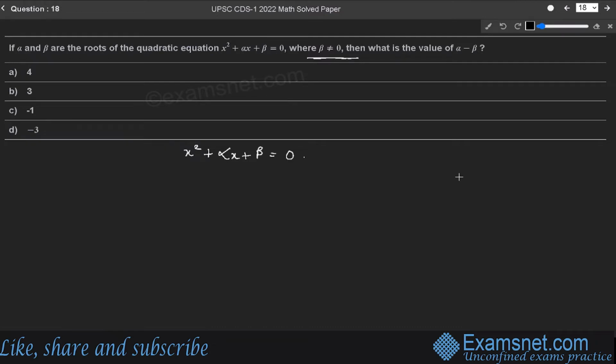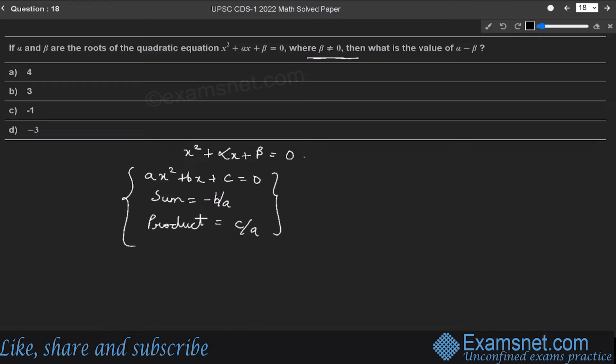Now we know the concept. Equation is in the form ax square plus bx plus c is equal to 0, and sum of roots is equal to minus b upon a, and product of roots is equal to c upon a. This is the concept. Given equation is this.